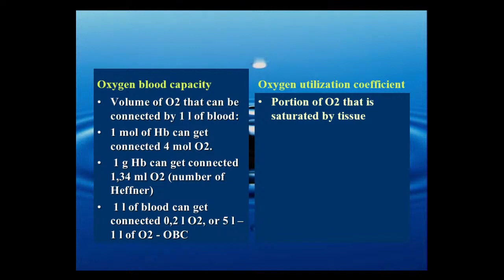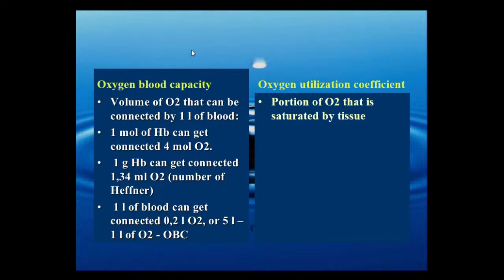It's the so-called Hüfner number, and taking into account these quantities, we can estimate that 1 liter of blood can connect 0.2 liter of oxygen, or 5 liters of blood can contain 1 liter of oxygen.